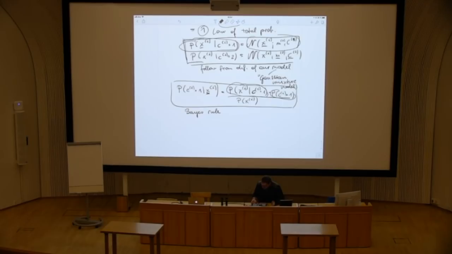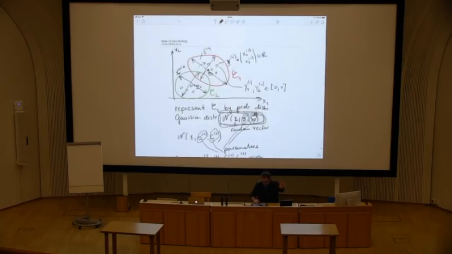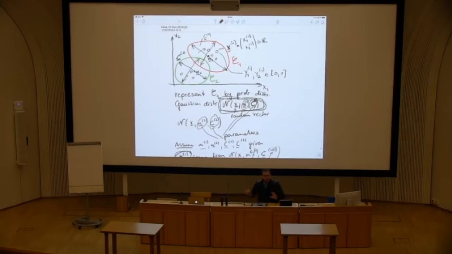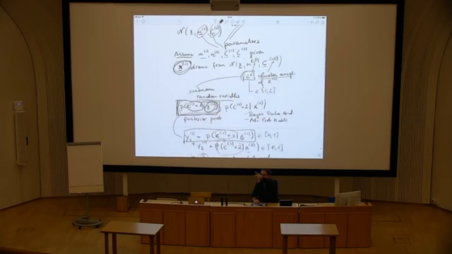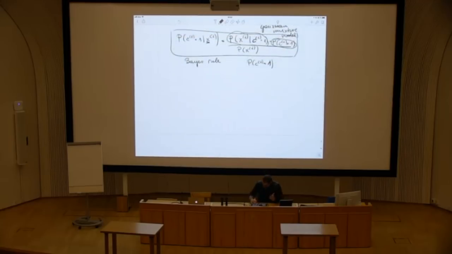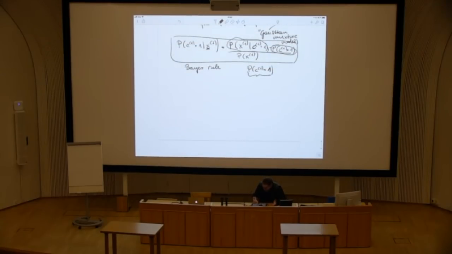Do we know this probability, the probability that the ith data point is generated from cluster 1? Do we know the proportion? How often does a data point come from cluster 1 and how often does it come from cluster 2? We don't know it. So this is some unknown number.